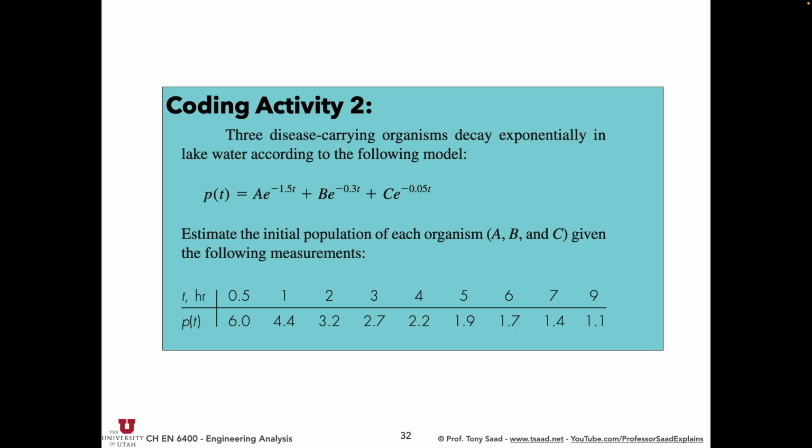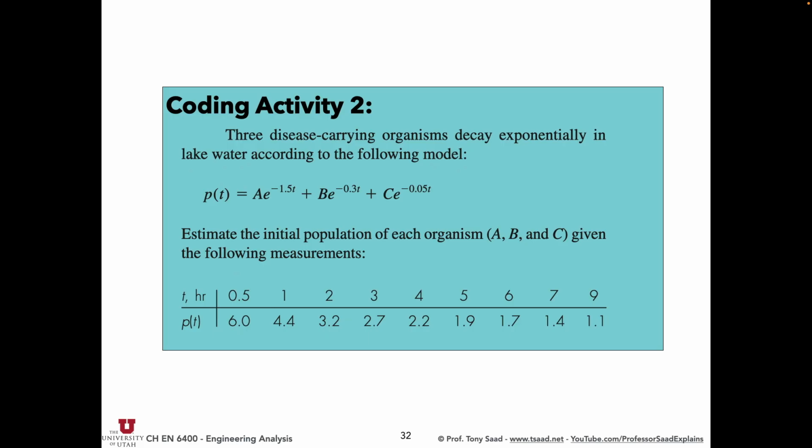They take samples of the water every day, and they look at what organisms are there. So in this case, there are 3 disease-carrying organisms, and they decay. In other words, the population just dies off over time according to this model.